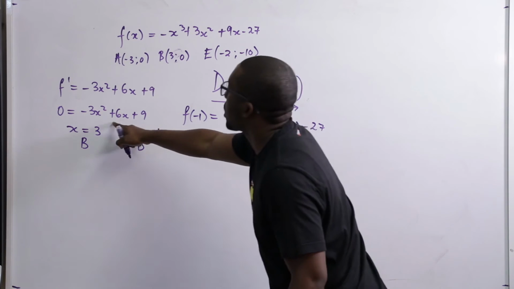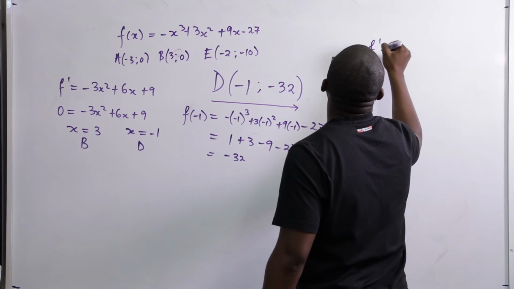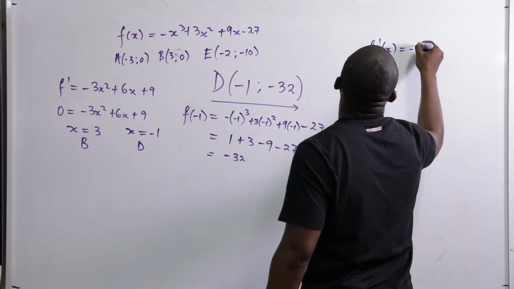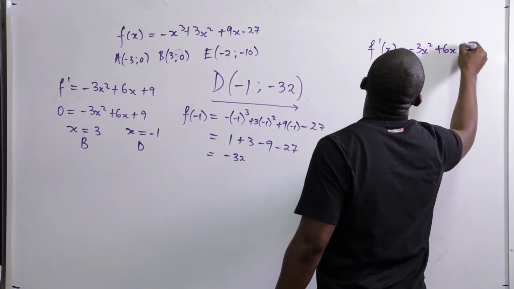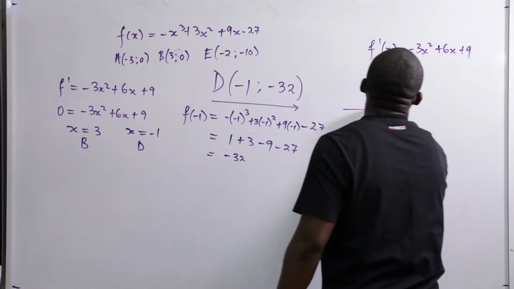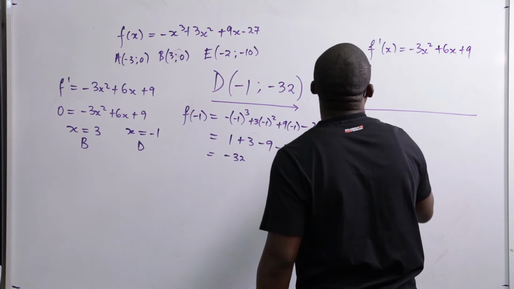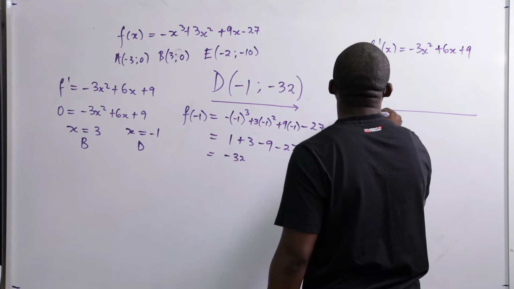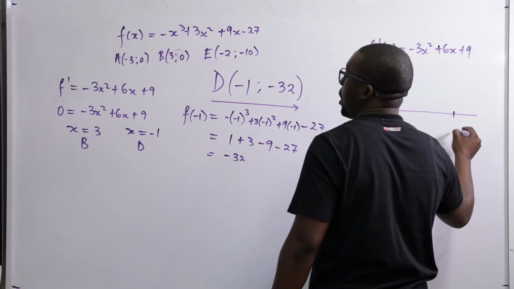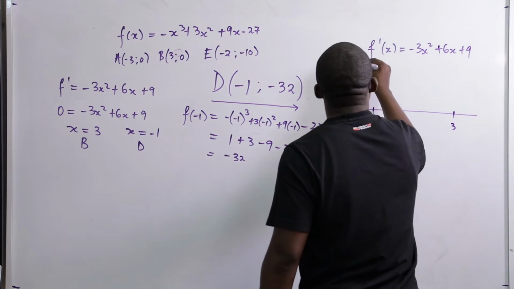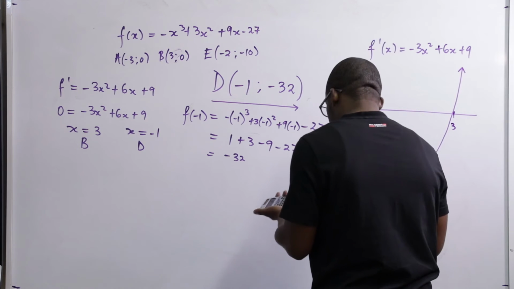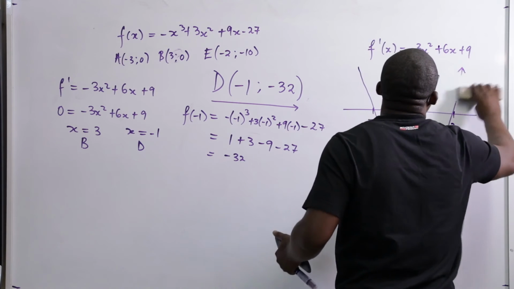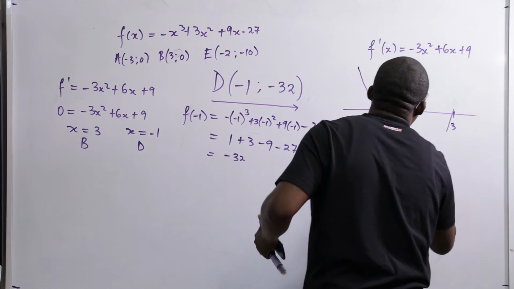So if we were to sketch the graph of f prime of x, which is equal to minus 3x squared plus 6x plus 9, sketching it would need a point where x is equal to minus 1 and a point where x is equal to 3. The graph would look like this. It's not a smiling graph, it's a frowning graph because its a was negative.